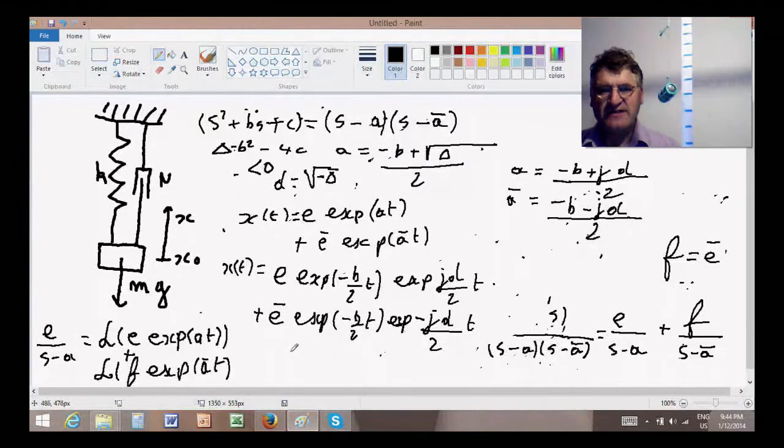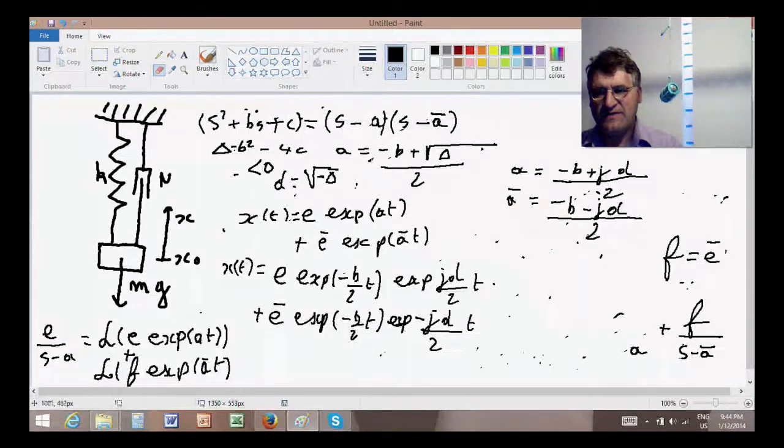Simplifying things a little more, we can express these terms in terms of sines and cosines. Let me make room for these.